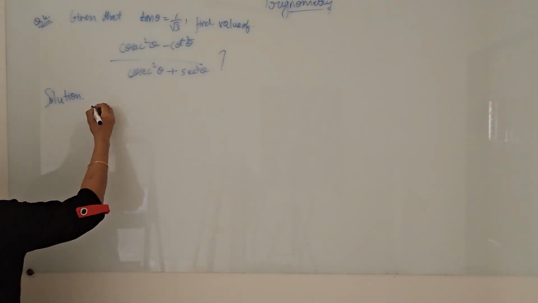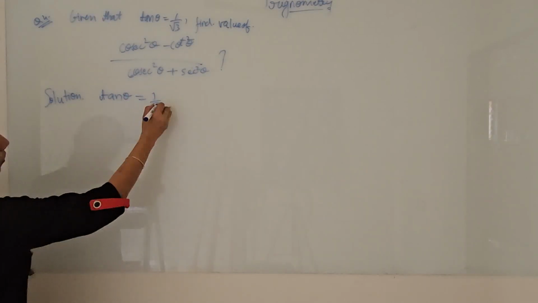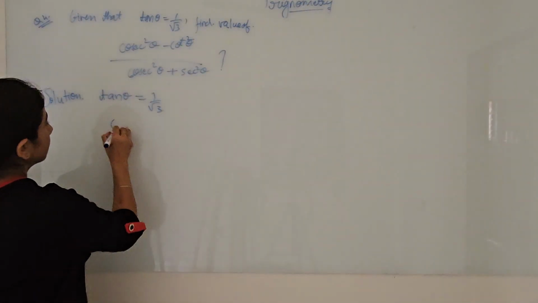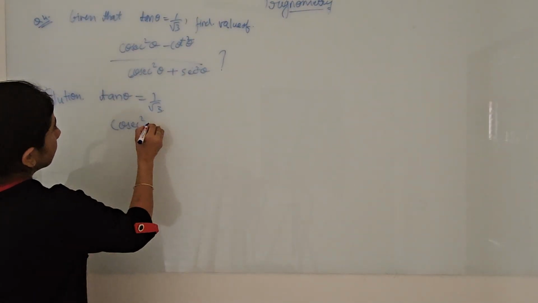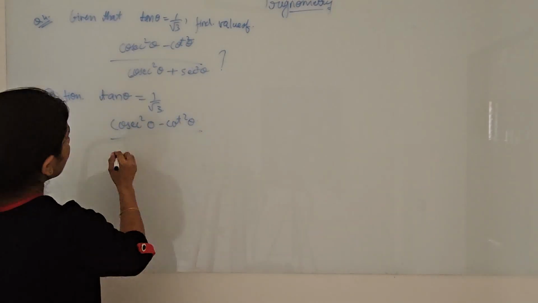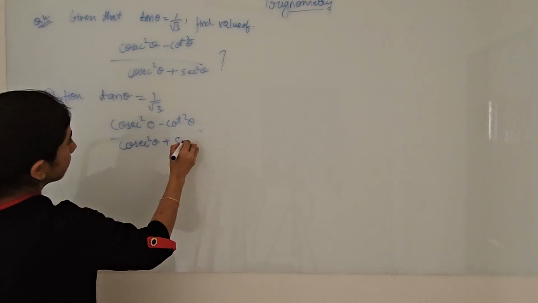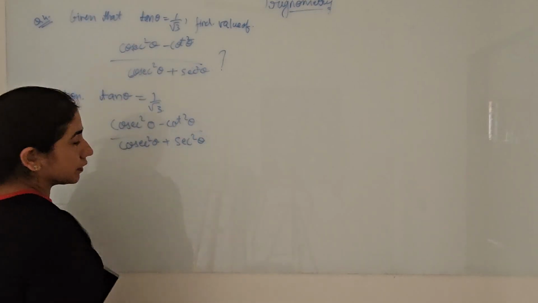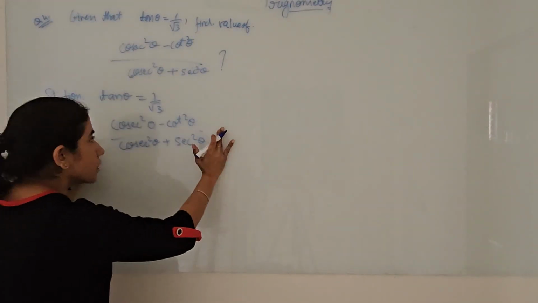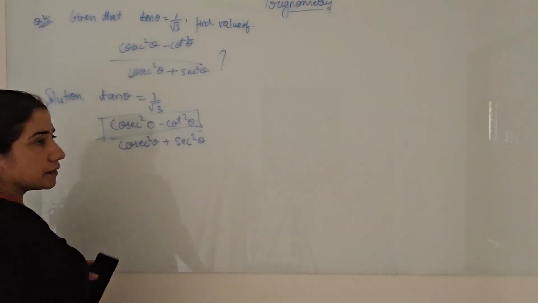First, just write down what is given. Tan theta is equal to 1 by root 3, and what we have to find is (cosec^2 theta minus cot^2 theta) upon (cosec^2 theta plus sec^2 theta). Now, first looking at this expression, isn't this an identity?